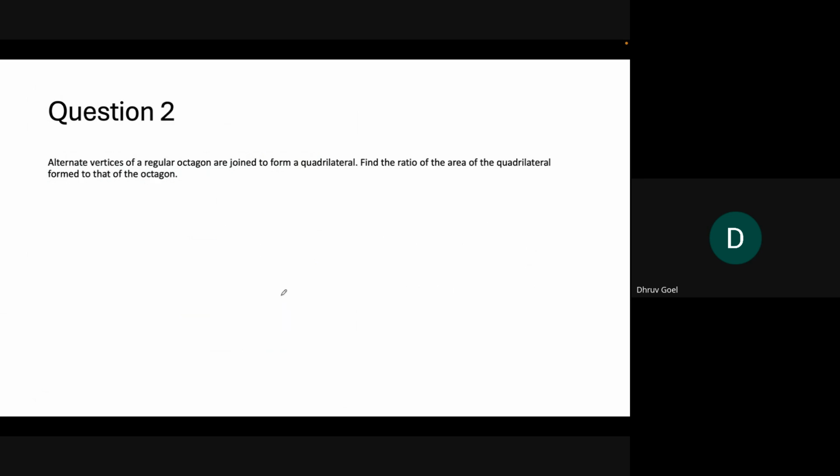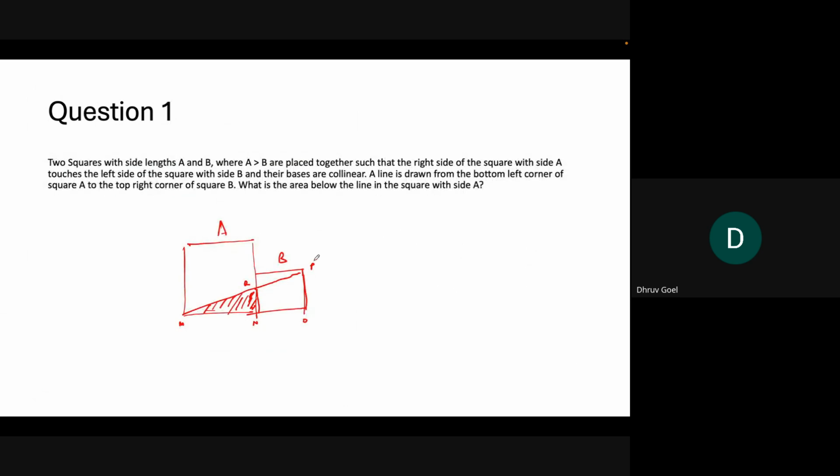So triangle MNQ is similar to triangle MOP. With this, I can say that MN upon MO is equal to MQ upon MP is equal to NQ upon OP.